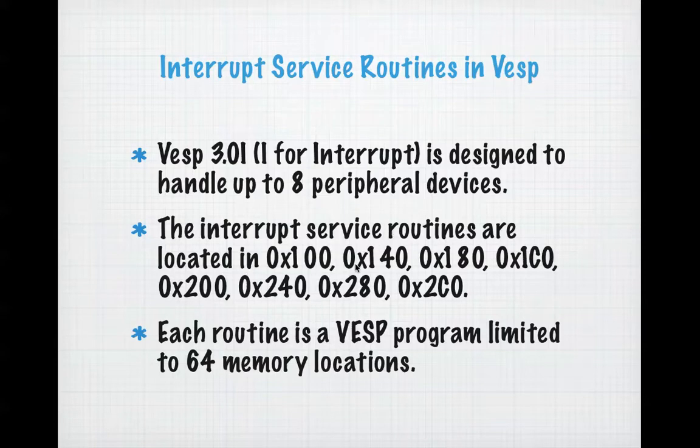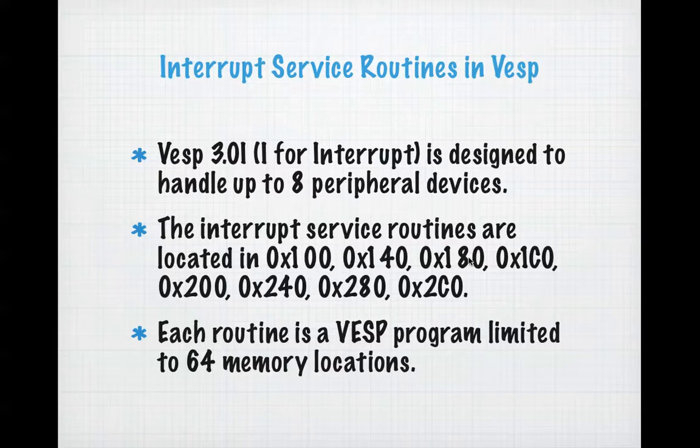So, for example, if no other device makes a request but device 0 does, we go to location 100. If on the other hand, it is device 1, and no other device makes a request for service, then of course we go to location 140, that's just 64 locations apart from this place.